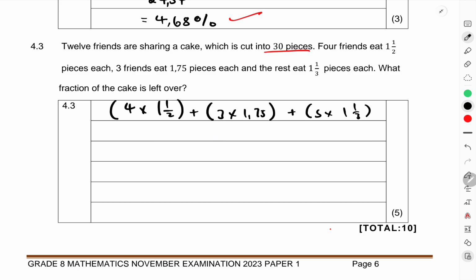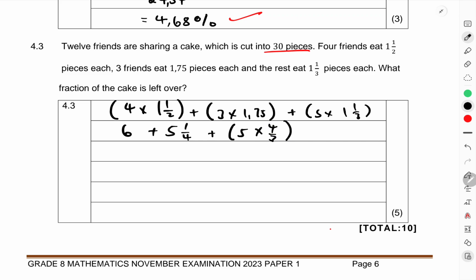Now I'm going to find the total for them. What is 4 multiplied by 1.5? That is 6 plus. What is 3 multiplied by 1.75? That is 5.25 plus. What is 5 multiplied by 1.3? That is the same as 5 multiplied by 4 over 3, right?